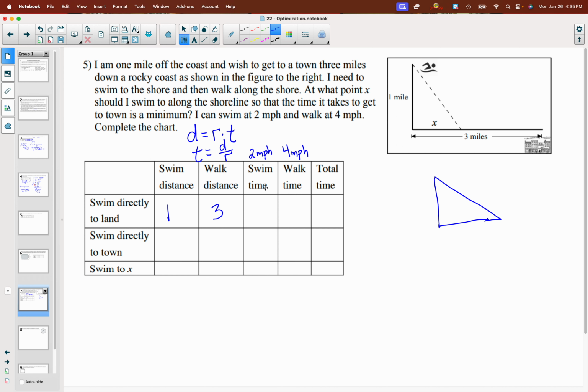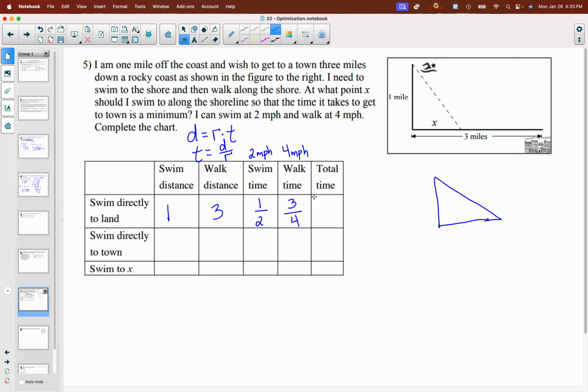So my swim time, remember to find the time, I take the distance divided by r. So I'm going to take 1 over 2, since my rate is 2 miles per hour. And my walk time is going to be my walking distance, which is 3, divided by 4.